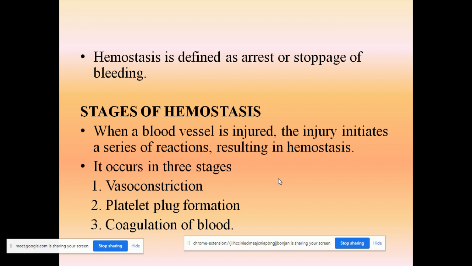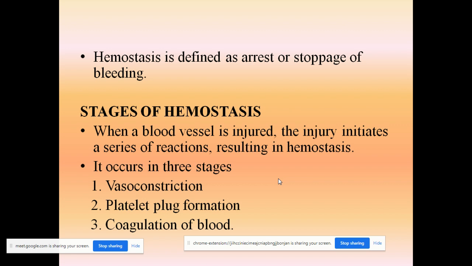In homeostasis, many hormones and many different organic and inorganic molecules play a role in the maintenance of homeostasis both in the extracellular fluid and the intracellular fluid. So that is different from this. This is hemostasis, which is the arresting or stoppage of the bleeding.